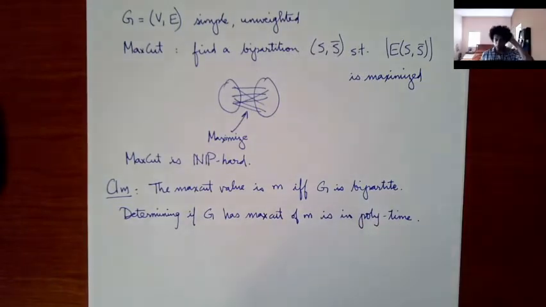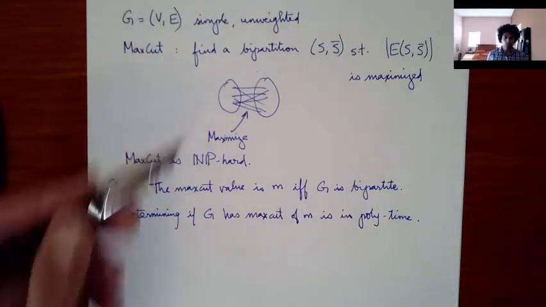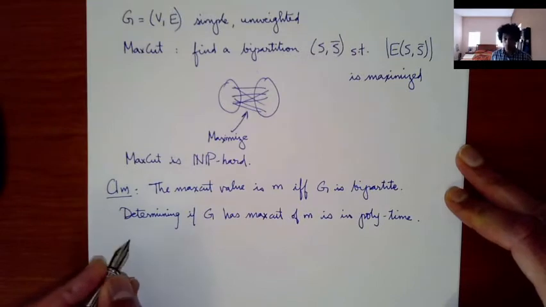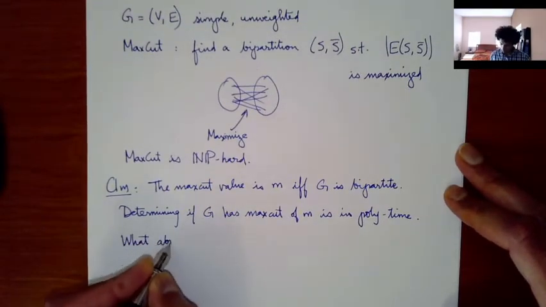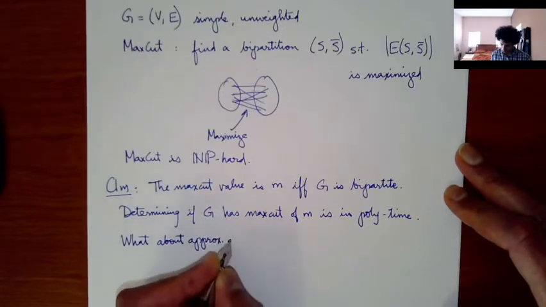Indeed, there is a linear time algorithm: just determine if it's bipartite, and then the bipartition actually gives you the Maxcut. Okay? And so we know it's NP-hard, and a natural question is, what about approximation algorithms?